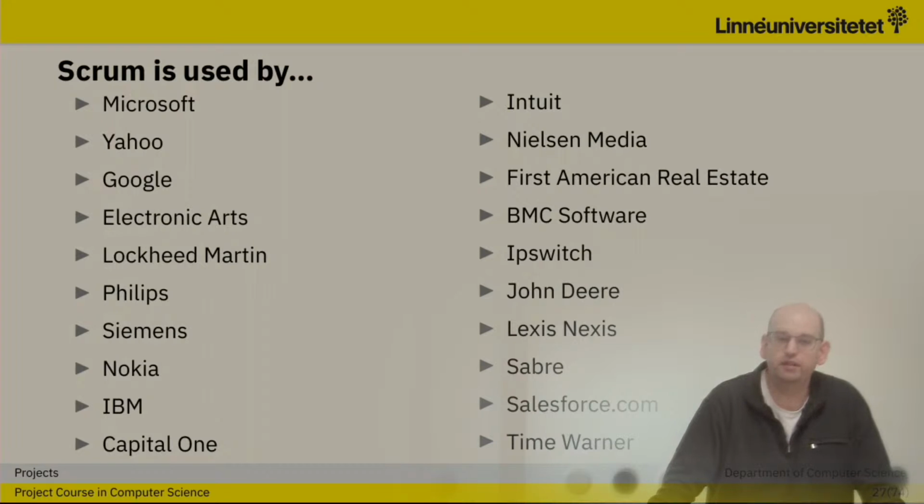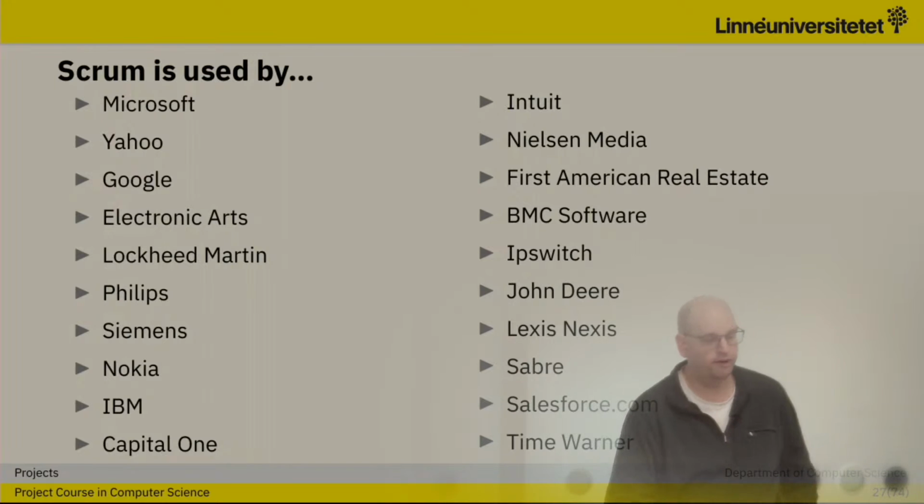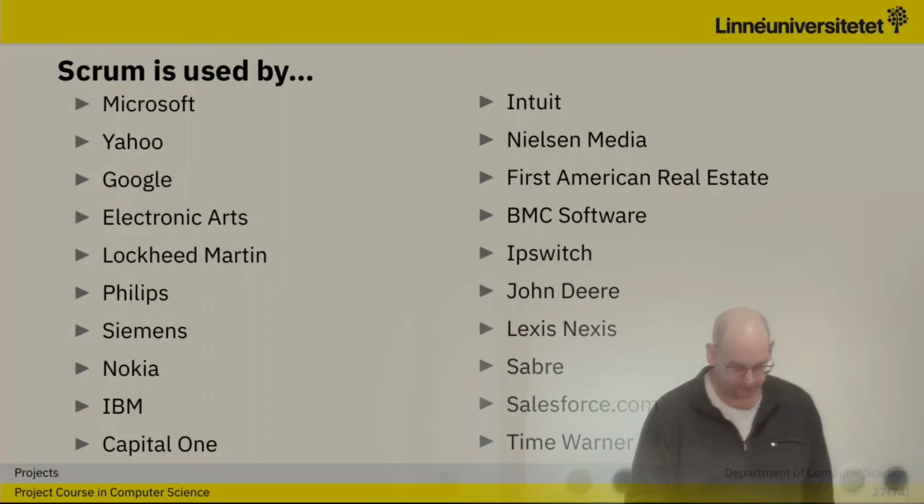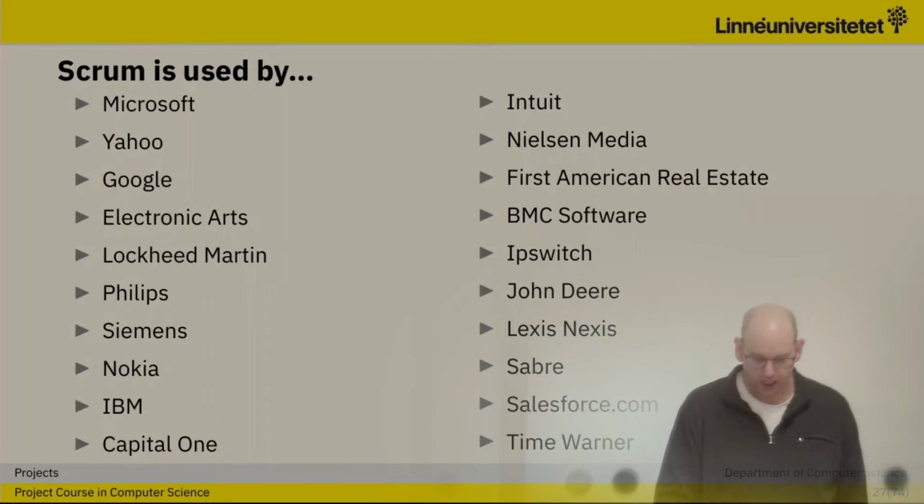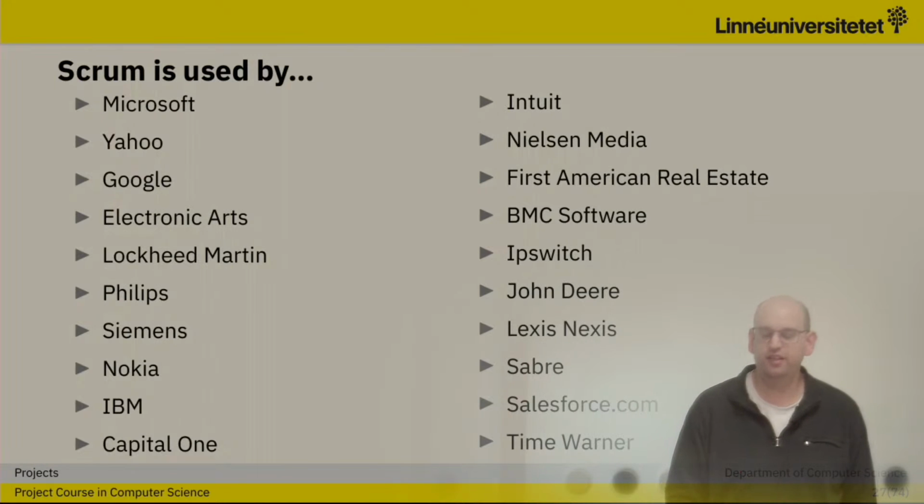So it's something that's been used by quite a number of high-profile companies. And this shows that this is actually something that is workable, something that's actually usable by a lot of people, a lot of companies.